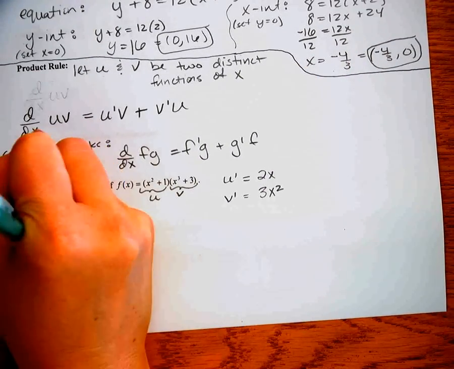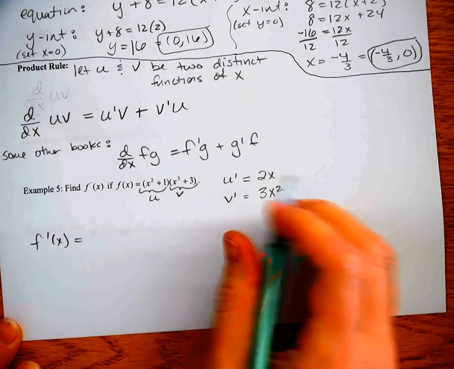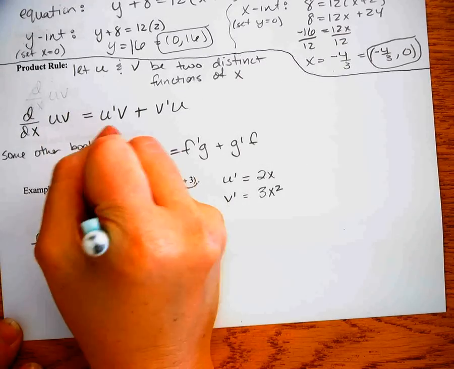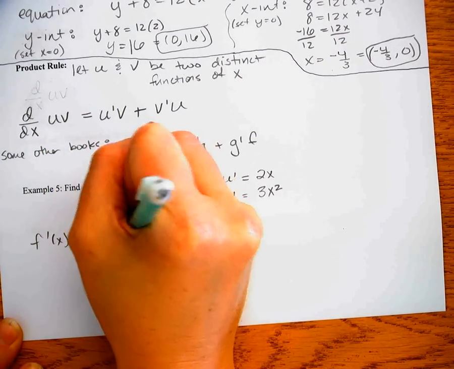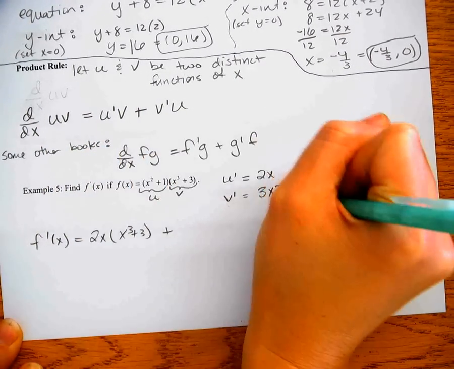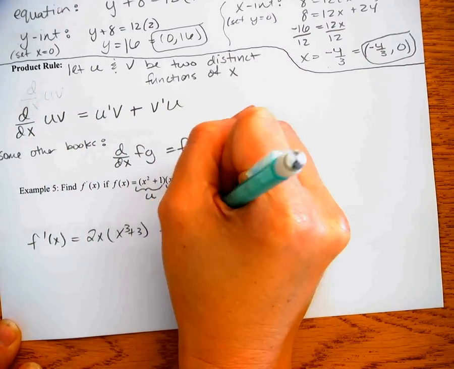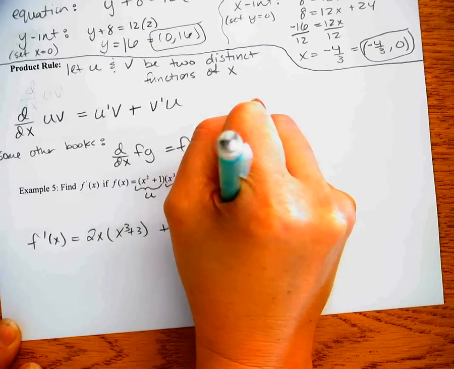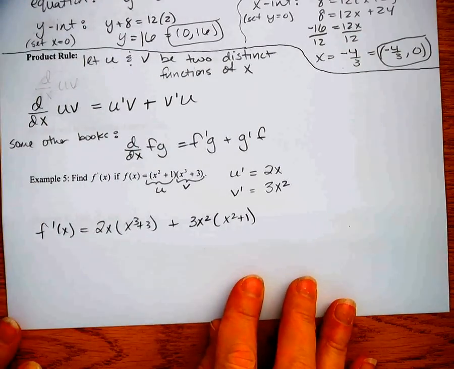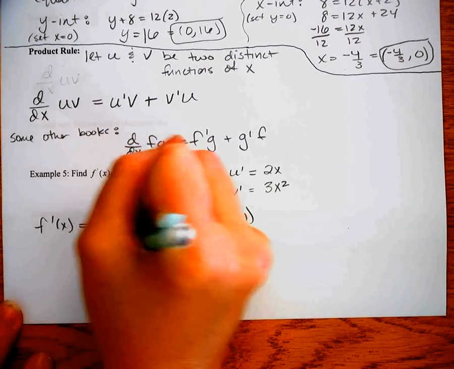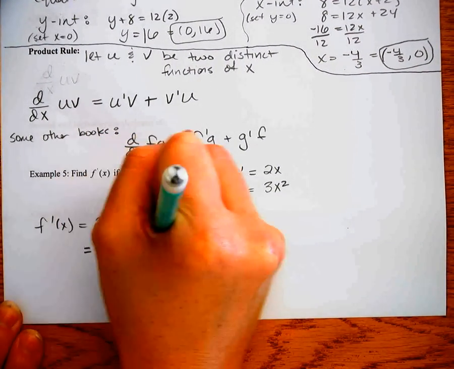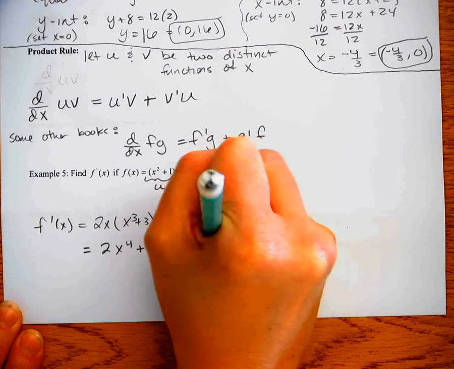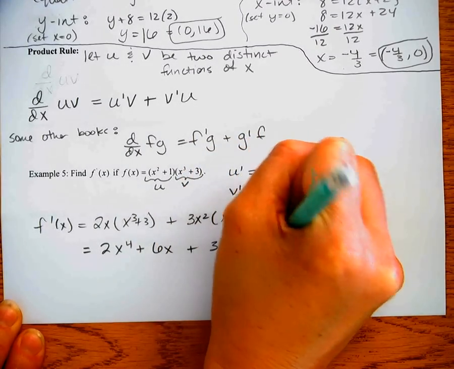So now f prime of x is going to be u prime times v. So it'll be 2x times x cubed plus 3 plus 3x squared, which is v prime times u, which is x squared plus 1. And then now we'll go ahead and distribute and simplify. So then we get 2x to the 4th plus 6x plus 3x to the 4th plus 3x squared.